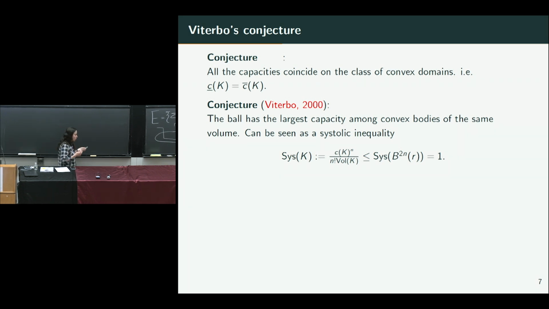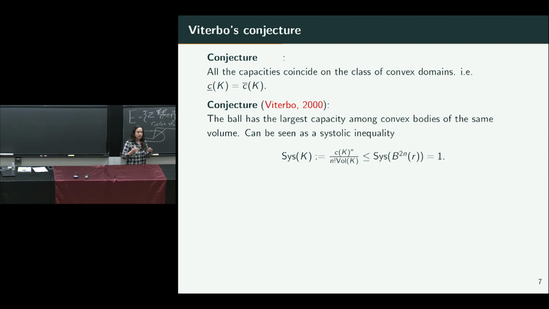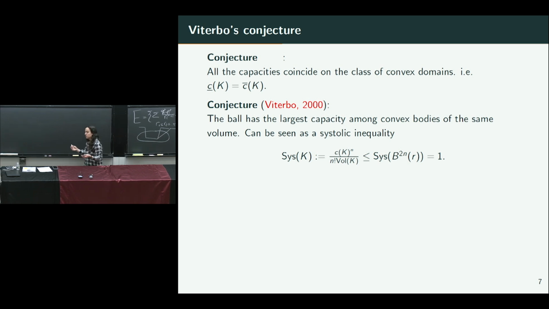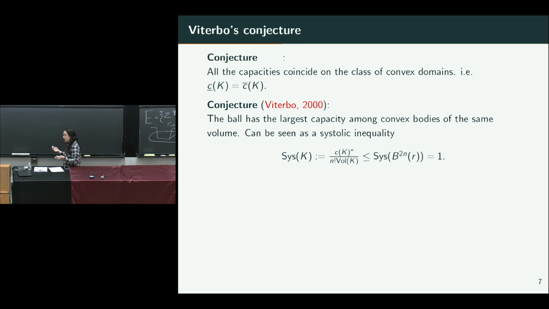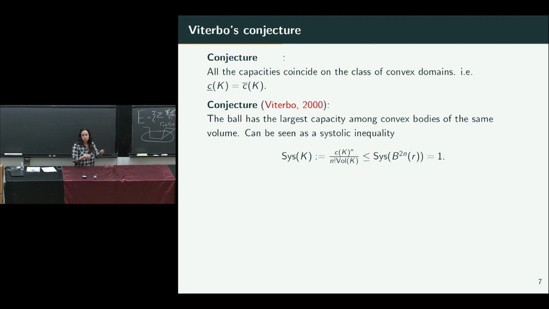Recalling that the Gromov width was asking what's the largest ball we can embed inside, and the fact that symplectic maps are volume preserving, this implies that the Viterbo conjecture holds for the Gromov width, because the Viterbo conjecture was asking what's the ideal domain under fixed volume.